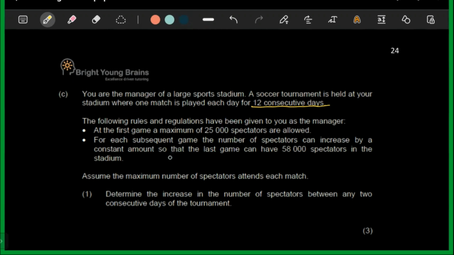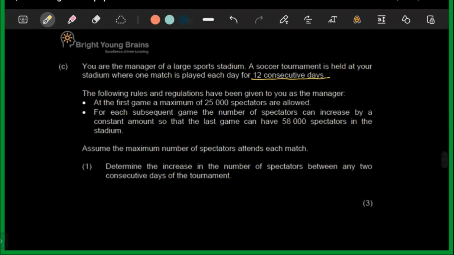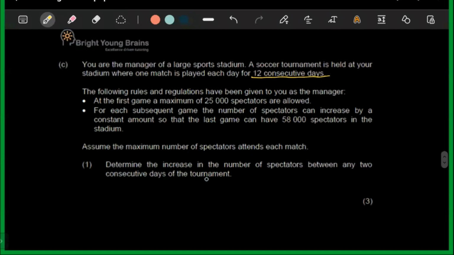For each game that follows, the number of spectators can increase by a consistent number so that the last game has 58,000 spectators in the stadium. Assume the maximum number of spectators attends each match. Determine the increase in the number of spectators between any 2 consecutive days of the tournament.